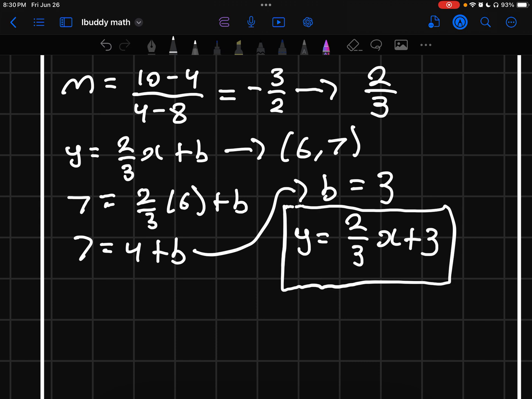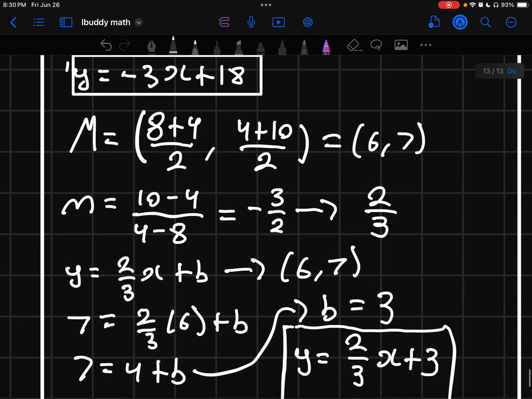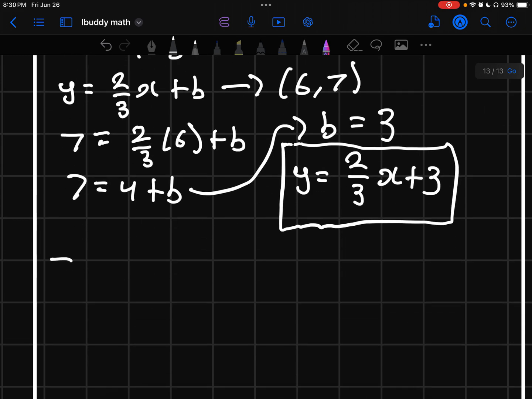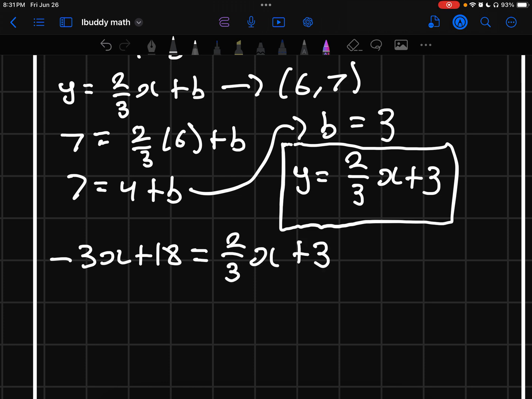Okay, so now we have both of our equations. We have to set them equal to each other. So we have negative 3x plus 18 is equal to 2 over 3x plus 3. So then we can solve this by rearranging first.